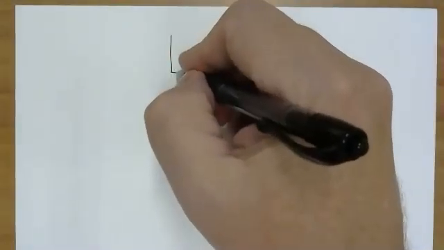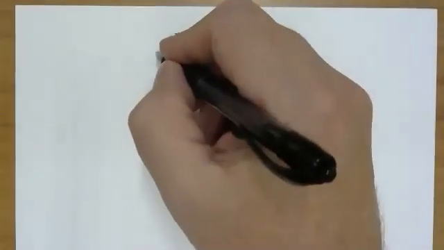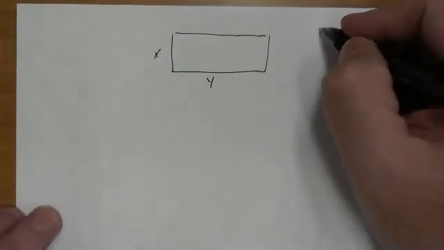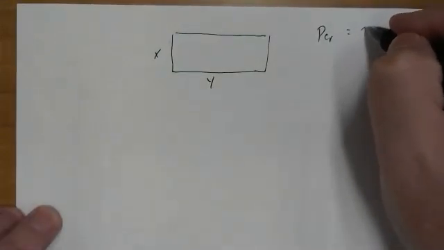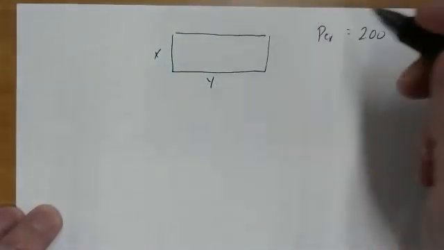All right. So we've got a rectangle. And it says the perimeter is 200. Well, the perimeter is the distance around it.